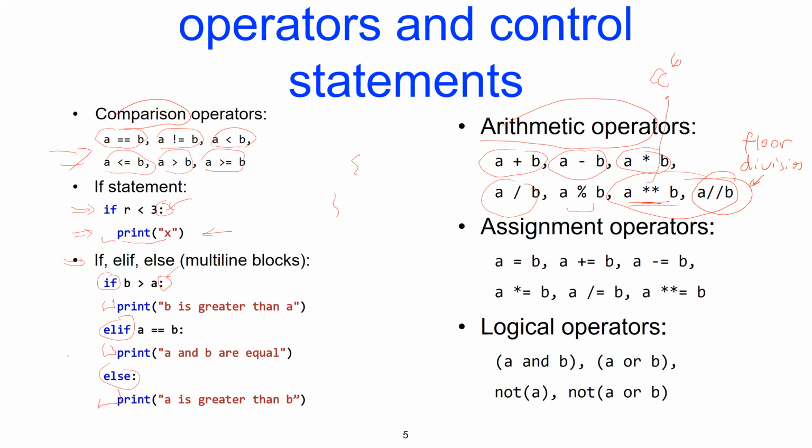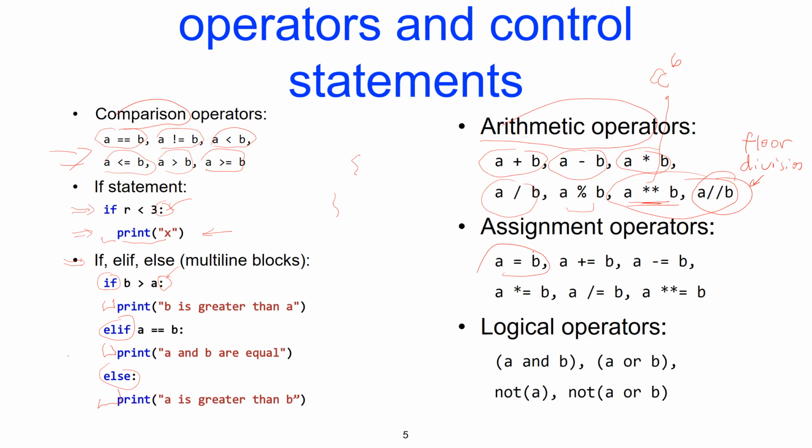So the assignment operator: if you are, let's say, a C programmer, you have seen something like this. In Java, you also have this. This is a equal to b, but here it is an assignment. It says I assign the value of b to a, right?